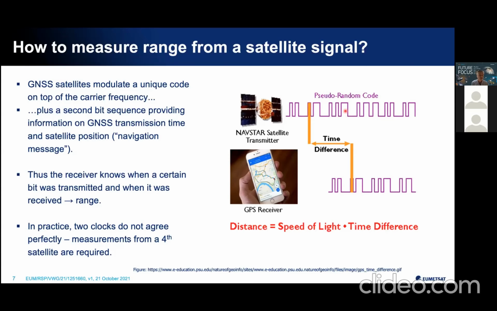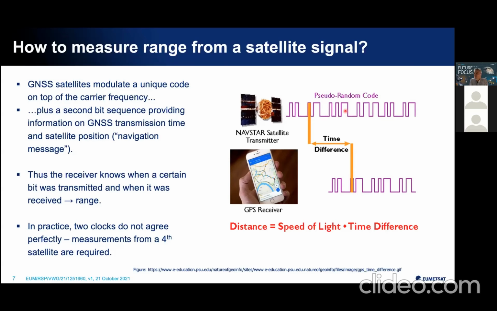Now, of course, 2 clocks never run perfectly synchronously. And if you are tracking signals from 7 or 8 satellites, and all of them are slightly off, your own clock is also slightly off. And as part of the estimation process of where you are, you are also trying to find out what the difference in the clock estimates is.